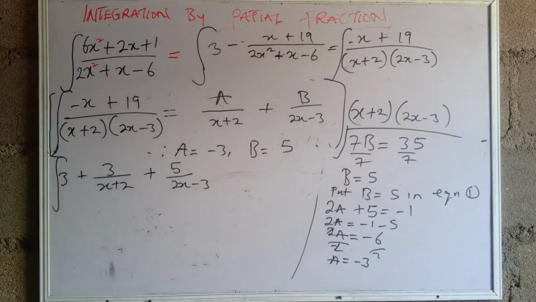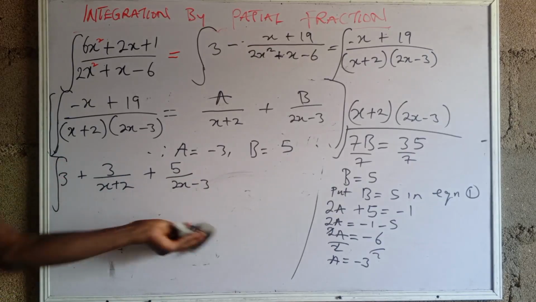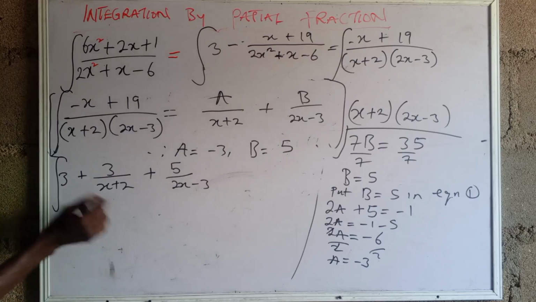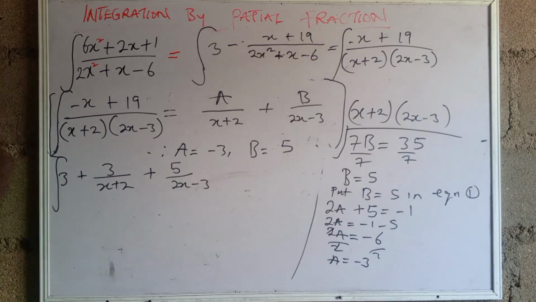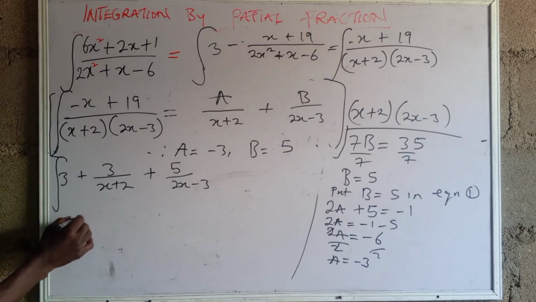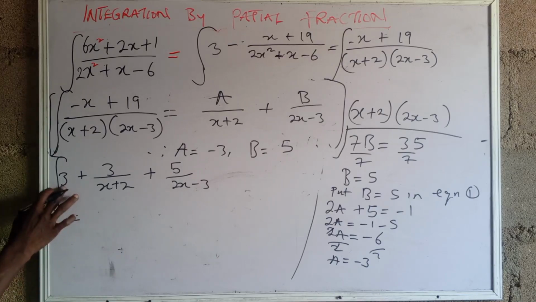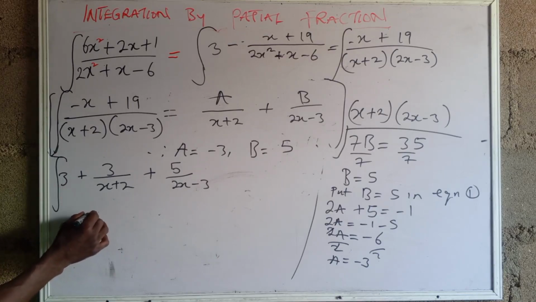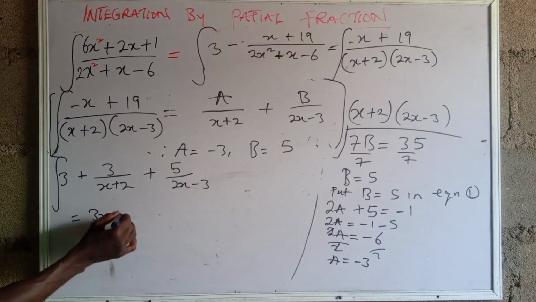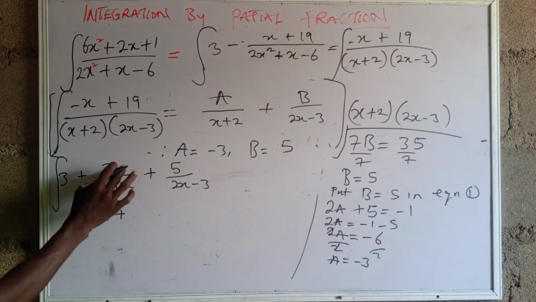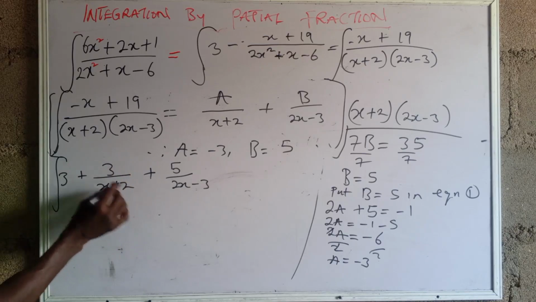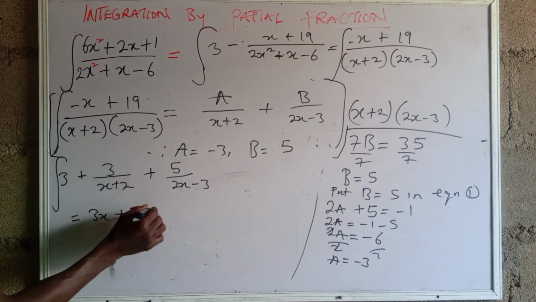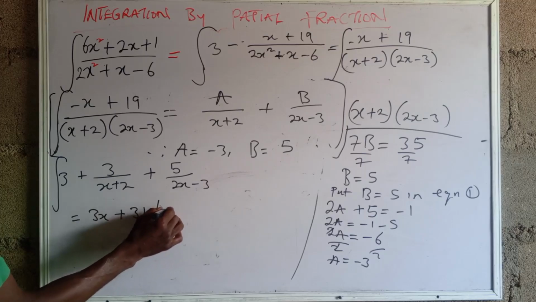Remember that we are going to find the integration of this one. When finding the integration of this, we integrate 3 over x plus 2, which is equal to 3 ln absolute value of x plus 2.